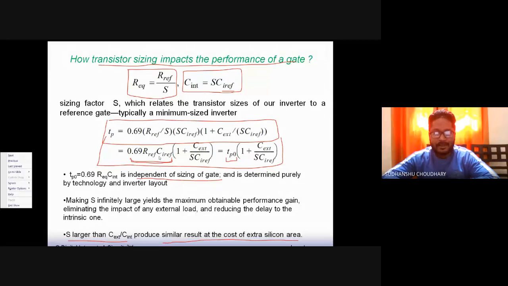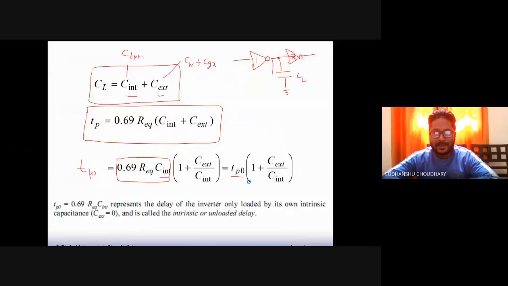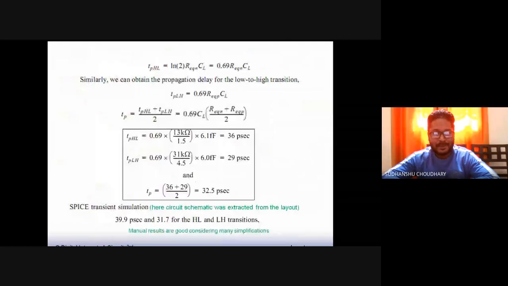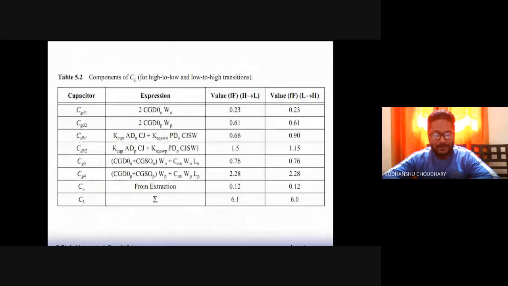Yes, but intrinsic capacitances and all those capacitances are dependent on the width of the MOSFETs, as we had seen earlier in this table. All capacitances are almost dependent on W. You see here also, this one also has an area component.